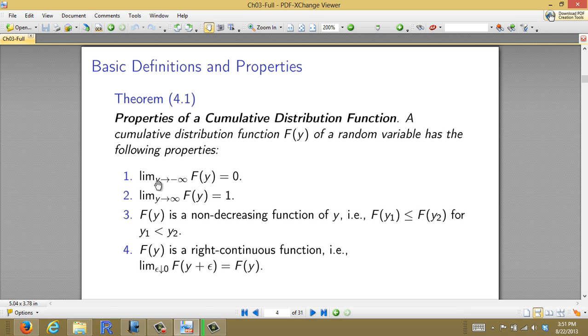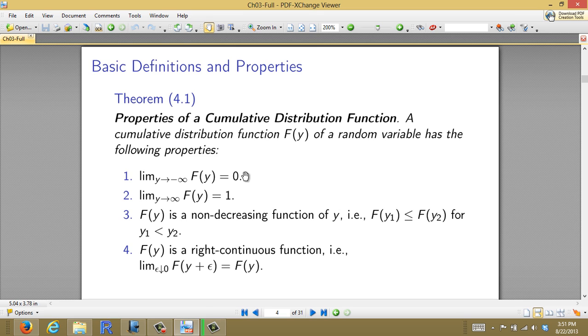Basically this is saying that the probability that our random variable has a value smaller than negative infinity is equal to 0. Which of course makes absolute sense. Nothing can be smaller than negative infinity. It's not even a real number, but the probability that we have an outcome that is smaller than negative infinity is of course 0.